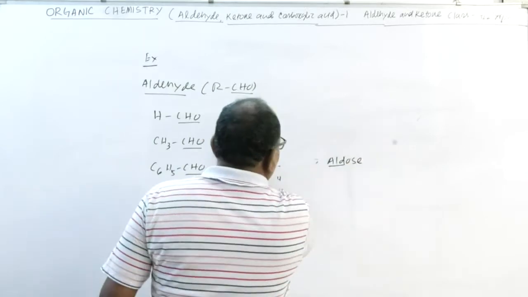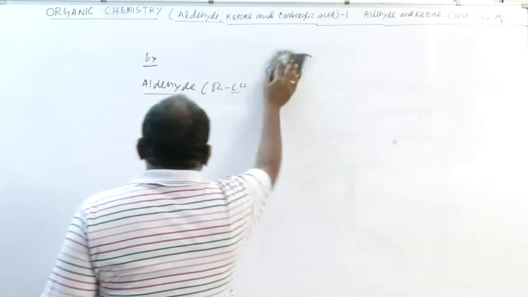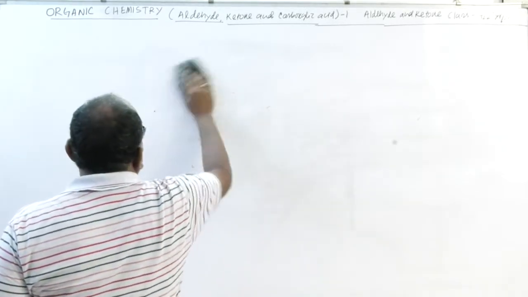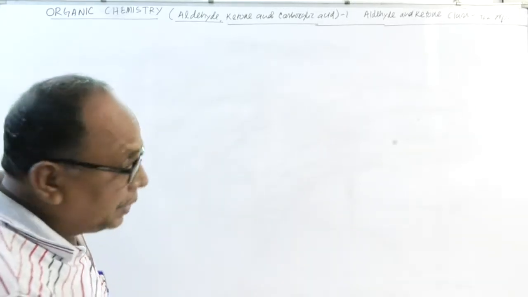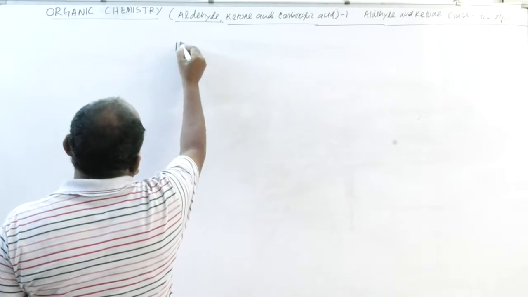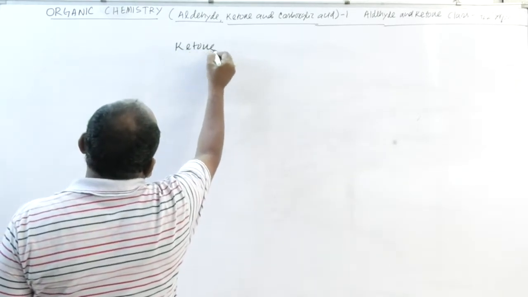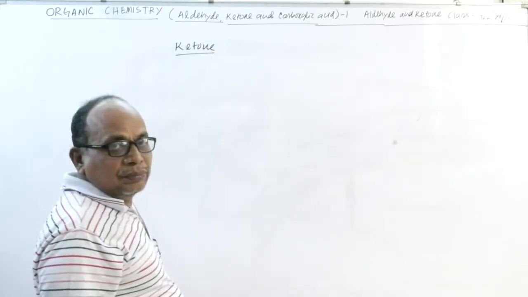And what about ketones? Some examples of ketones. A ketone contains a minimum of 3 carbon atoms.